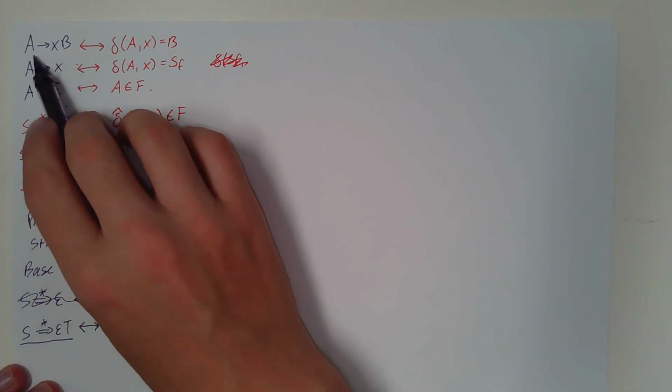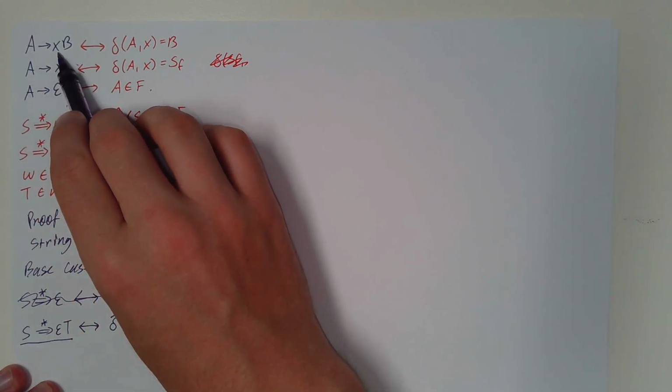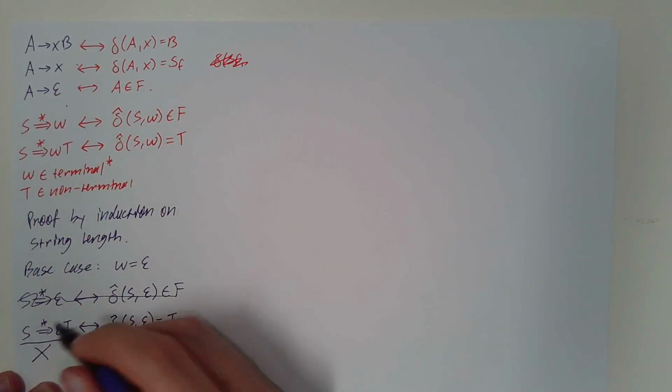We can't produce an epsilon here because X has to be a terminal symbol, so this side will always be false.